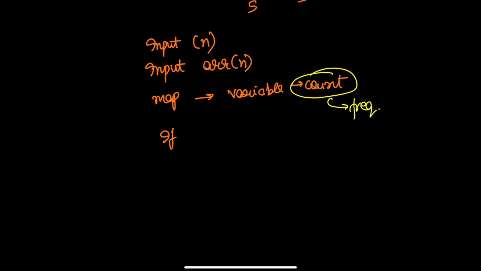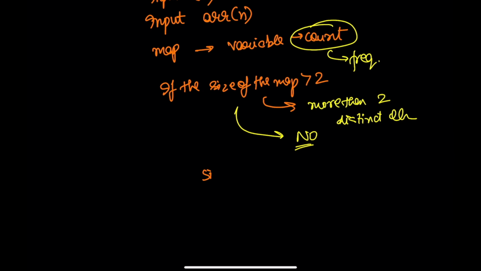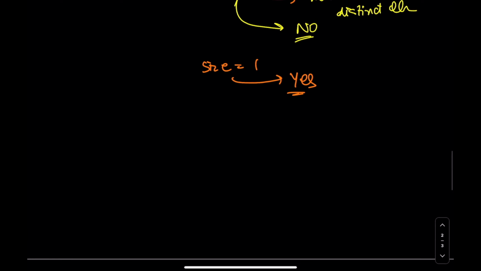Now if the size of the map is greater than 2, that means more than two distinct elements, then the answer is directly no. If the size is 1, then the answer is for sure yes. Otherwise we can just find the difference in the frequencies.